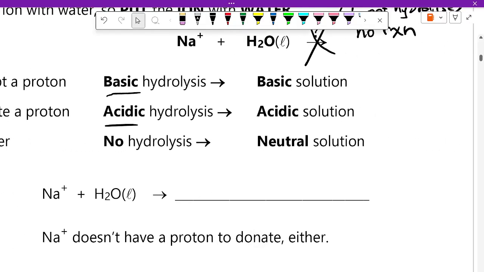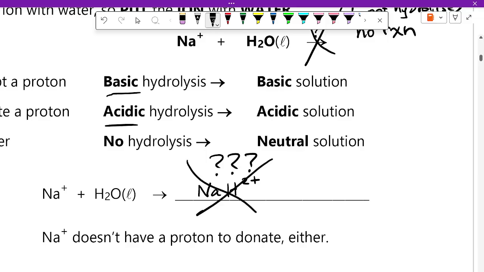We would end up with NaH2 plus. Yuck. No. You can just look at it and be like, that does not happen. That is not a possibility. That's just a crazy thing. And it doesn't have a proton to donate, so it does not hydrolyze.